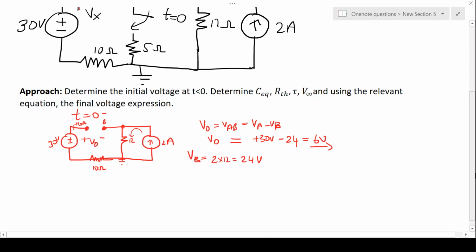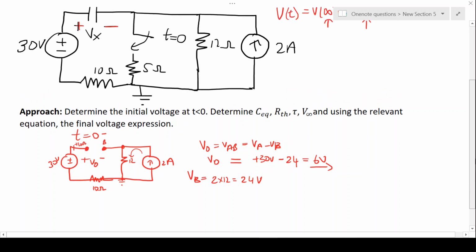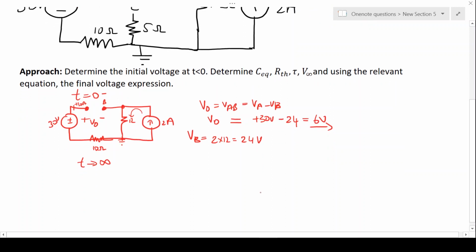What about the final voltage? So what happens when time t tends to infinity? So when t tends to infinity, we will have a similar circuit. Only difference now is that we're going to have 2 resistors and the current source.